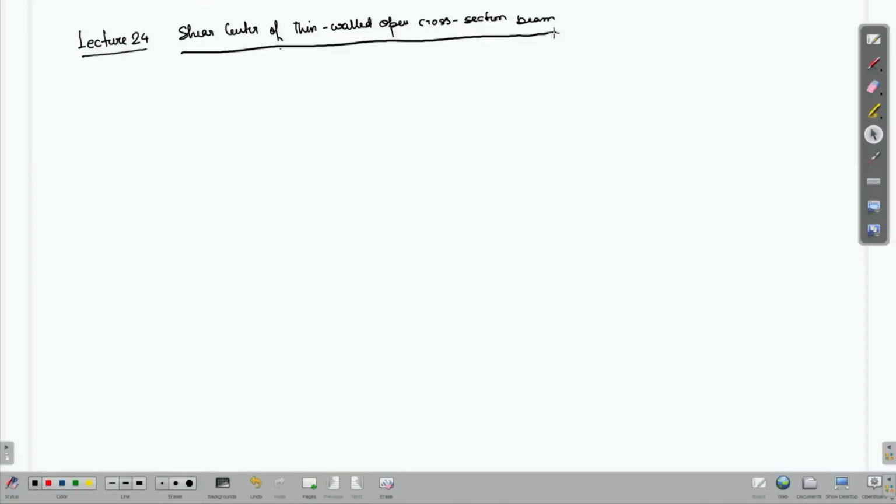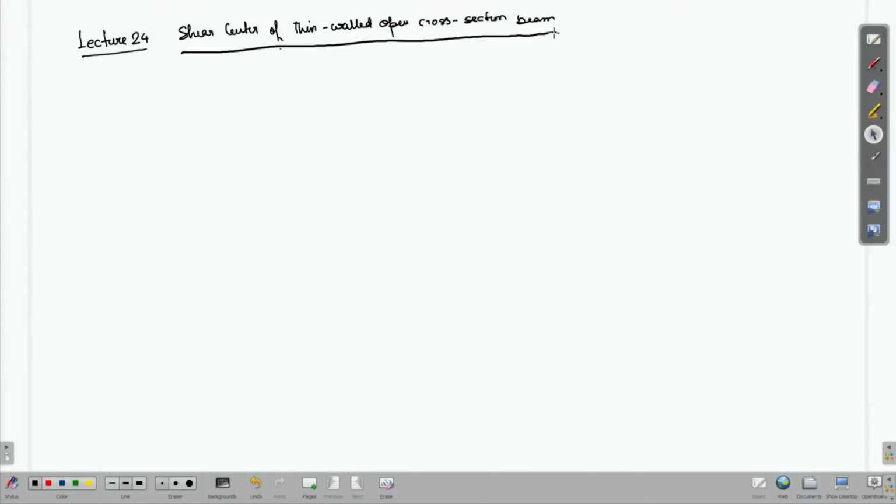Hello, welcome to lecture 24, where we will be continuing our discussion on shear center of open thin wall cross section beam. In the last lecture we have defined shear center as the point, let me abbreviate it as SC.